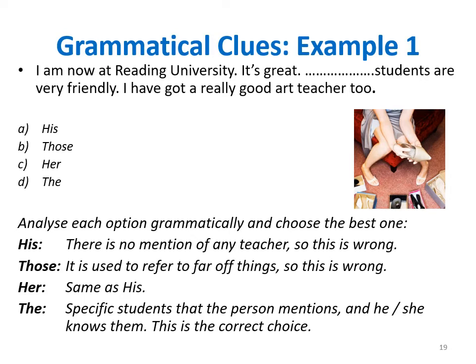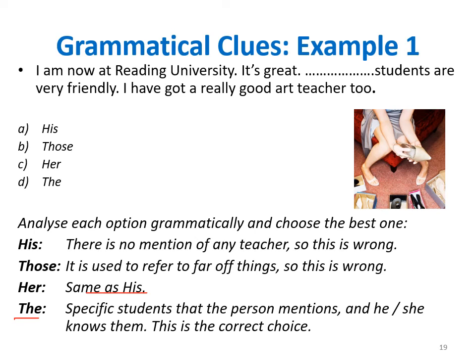Those students are very friendly. It is used to refer to far-off things. This is wrong. Those, we haven't talked about any students, so we can't say those students. All right. Her, same as his, so this is the same as his. I mean, we haven't talked about a male teacher. We haven't talked about a female teacher. The specific students that the person mentions, and he or she knows them.